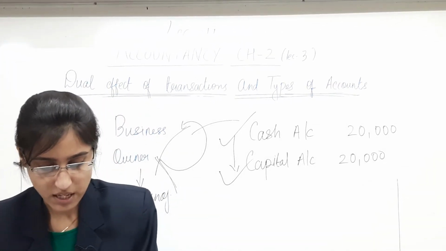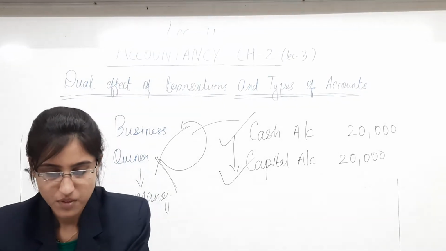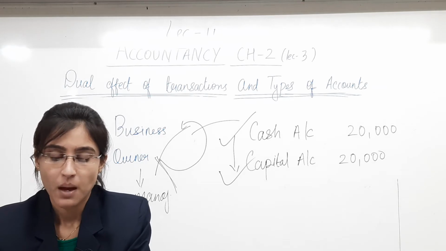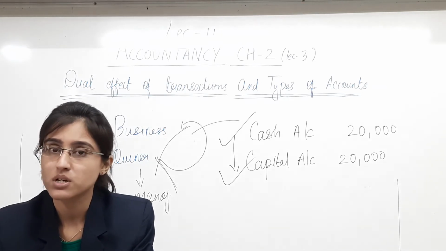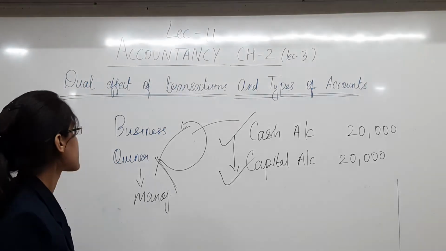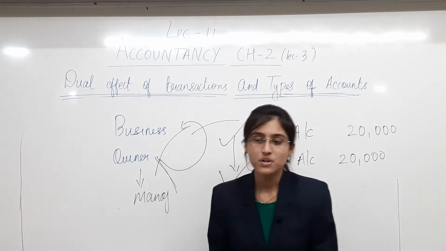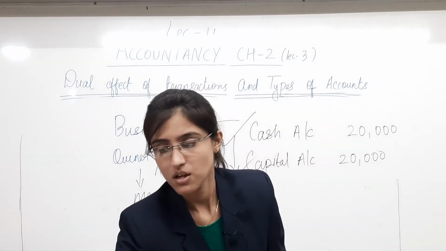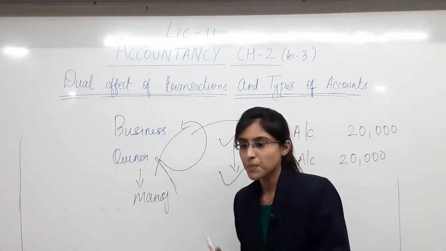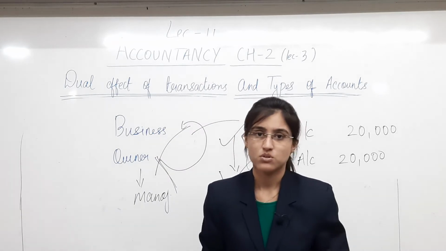Second transaction. The account is opened with State Bank of India by depositing rupees 40,000. Now, if a person is willing to do a business, then the person should open a current account.